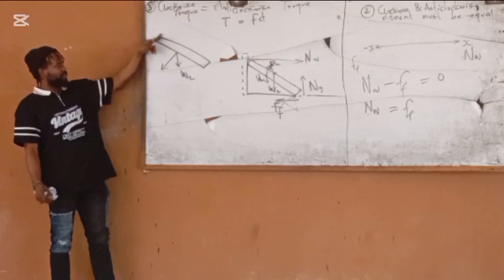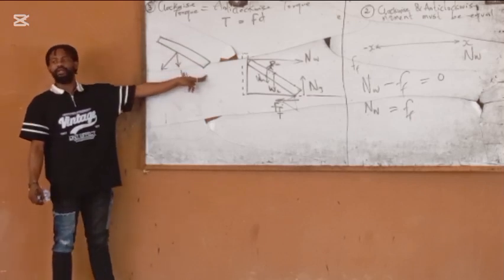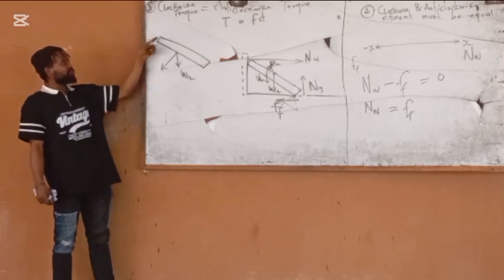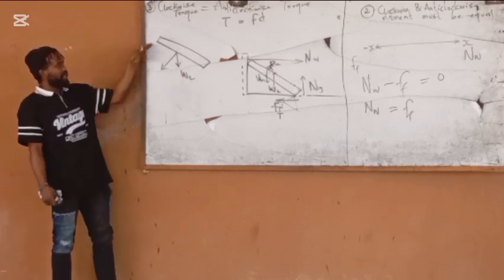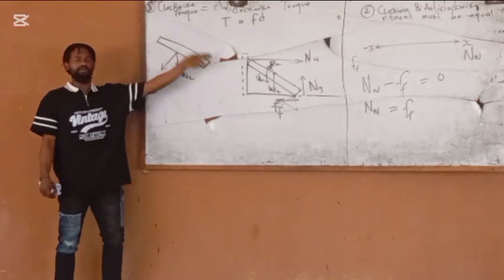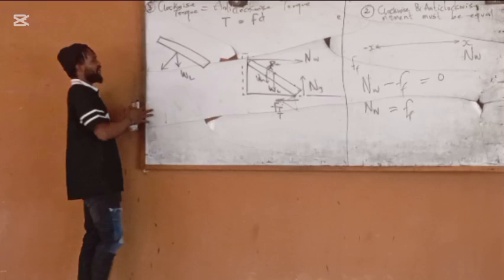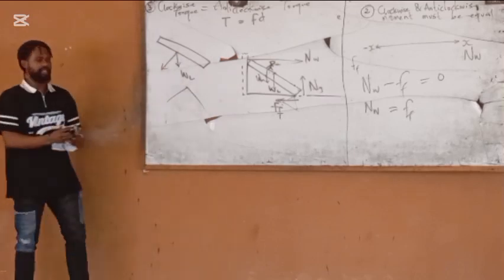So this force is not parallel to this, and this force is also parallel to this. According to this ladder, its force components must be at 90 degrees when you have this force parallel to this and parallel to this. Once you have this way and this way, that gives you 90 degrees.